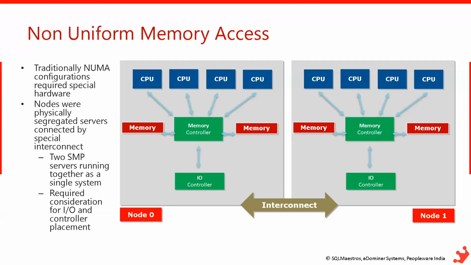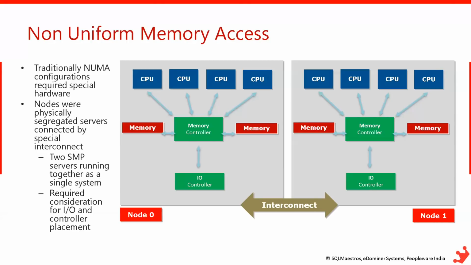The CPUs in every node are talking to their own memory controller. And whenever the memory is not enough in that particular node, and there is a need to ask for more memory, they can do a cross NUMA node memory allocation, which is also called foreign memory access.